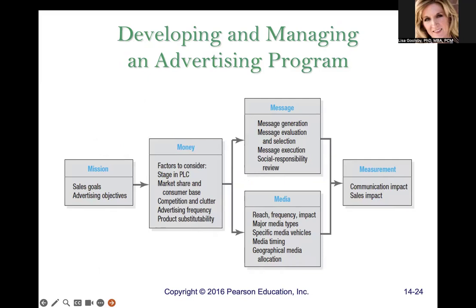Who's the competition and how much clutter is out there or how much noise? And then looking at our frequency and what is the substitutionality, that's kind of a hard word to say, of the product. Are there easily and readily available substitutes for the product? That's going to play a major impact on how much money you're going to need to spend. Then we look at the message, we look at the media we're going to use, and finally, we have to measure everything that we do.